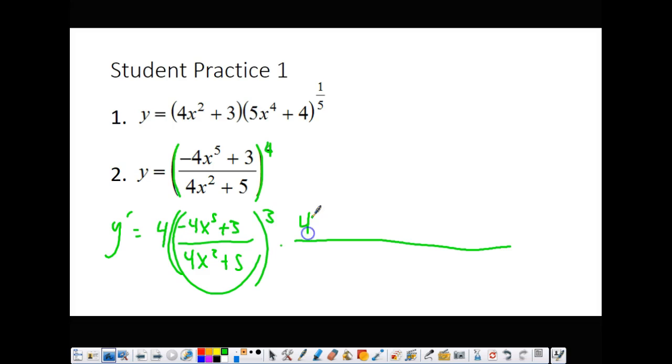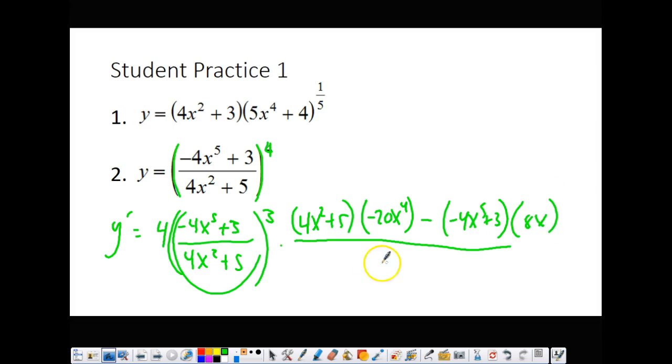So low d high minus high d low. Is that 8x? Draw a line and square below. And we can leave it just like that. Pretty ugly, but there it is. Okay. So that's chain rule in conjunction with other rules.